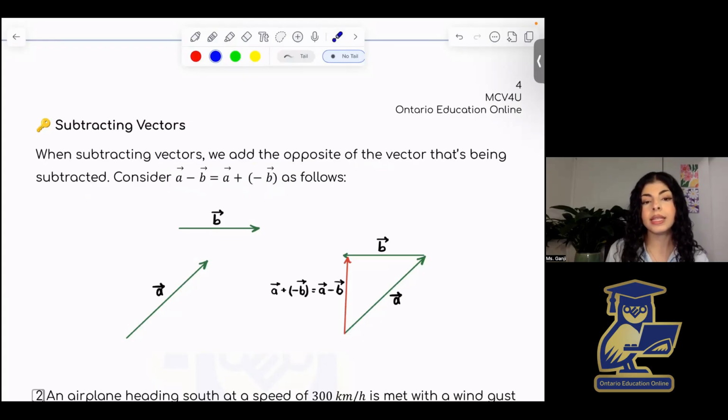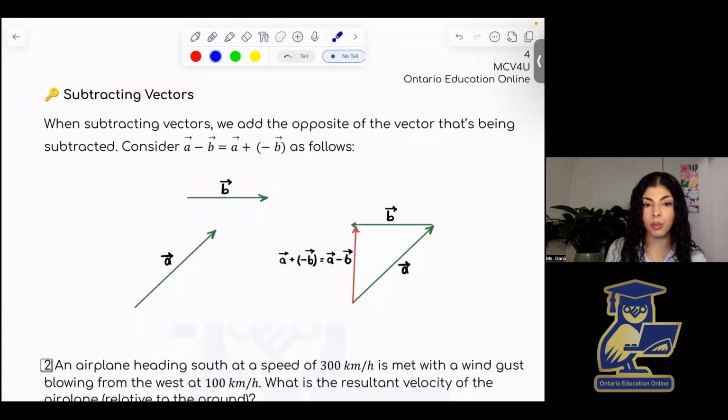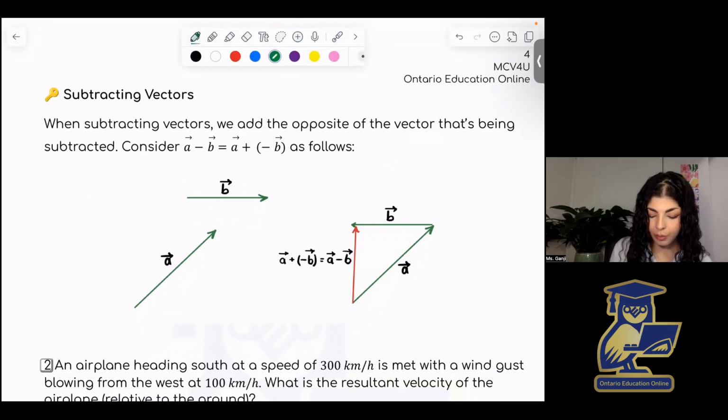So we can still hold the same rule. And now I'm showing you the triangle law here. This is vector B. So then the opposite vector will be starting from the head going towards the tail.